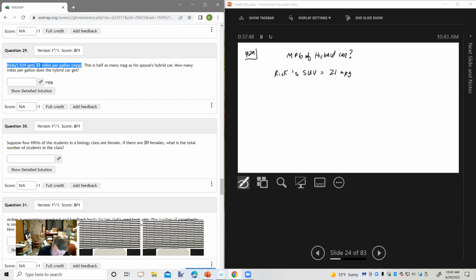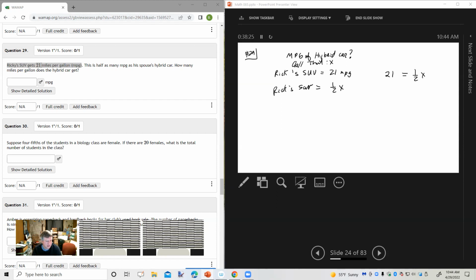So let's call that X. I left that step out. So Rick's SUV gets 21 miles per gallon, but that's also half of what? His spouse's hybrid car, which is X.